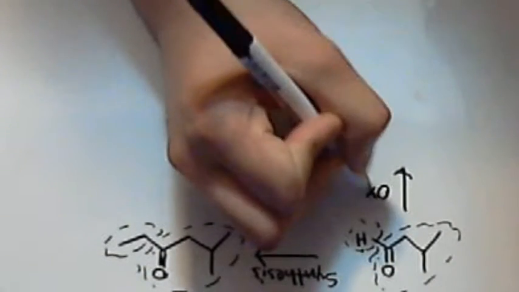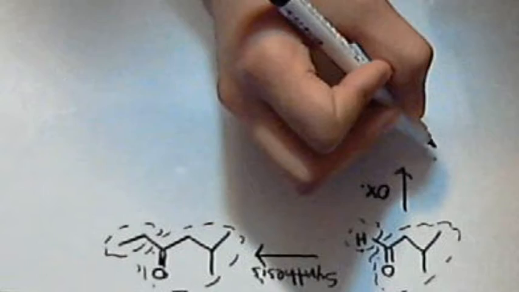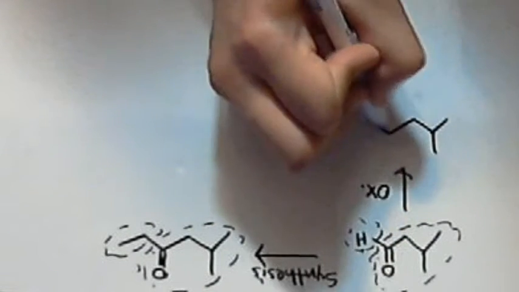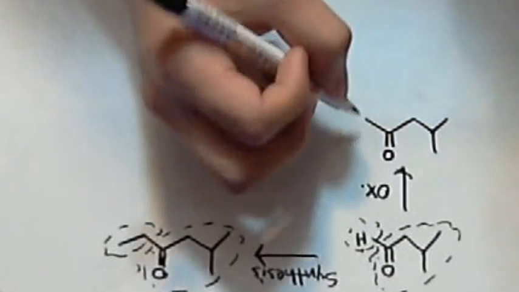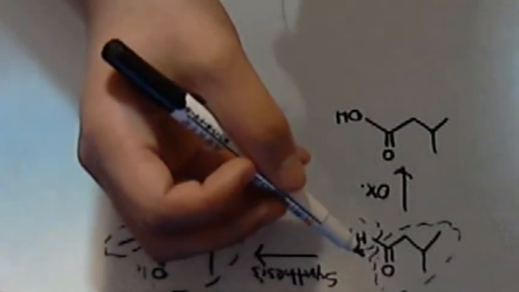So how do I make a carboxylic acid? Well, we're going to oxidize it, right? We're going to oxidize the aldehyde, the primary aldehyde, and that's going to give us the carboxylic acid.